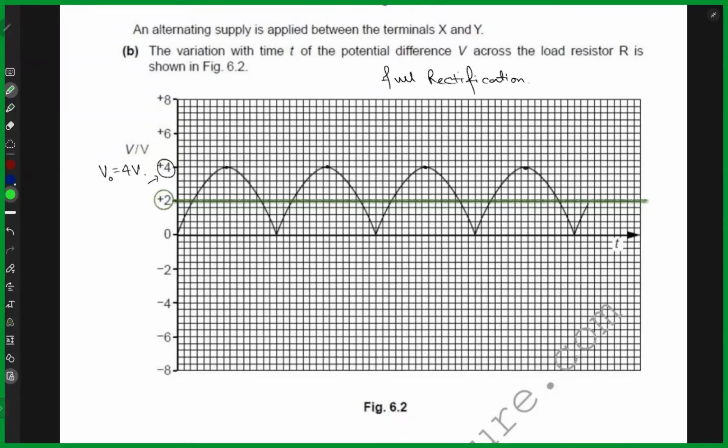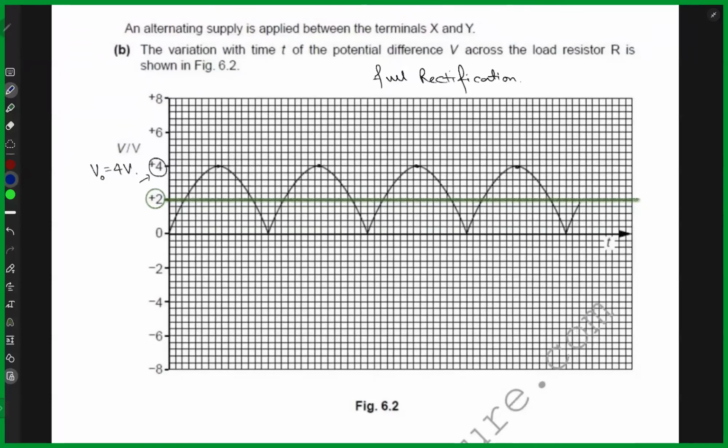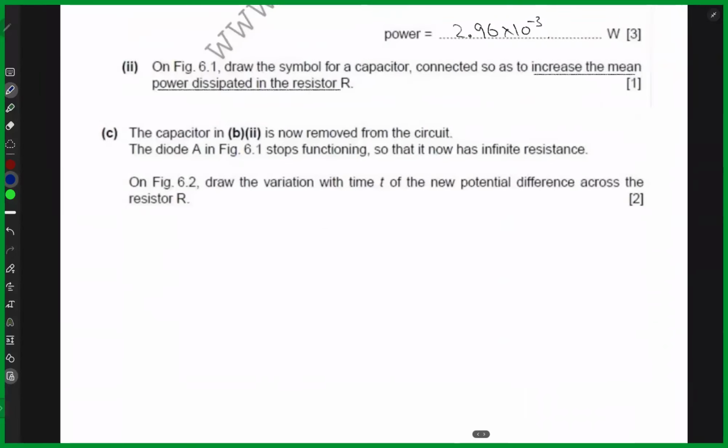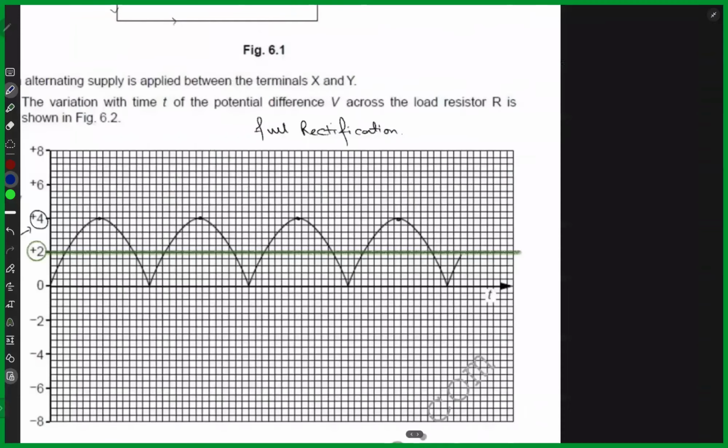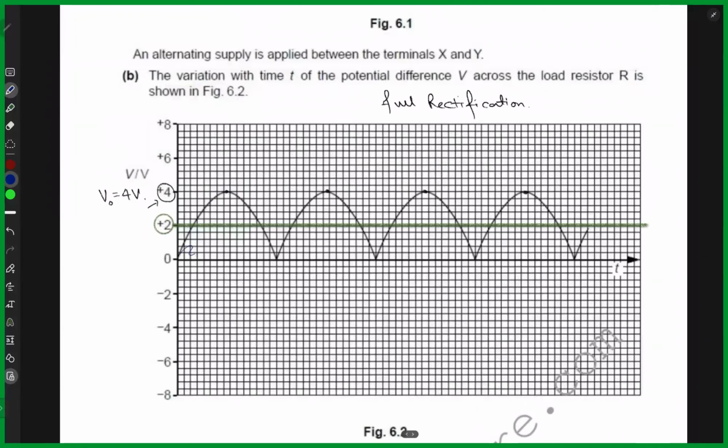So this is not asked, at least not in this part. Maybe in the next part they have asked for it, but we'll draw it. So let me use another color. What happens is your cycle follows the same path, but now because there is a capacitor, the voltage does not drop by a lot or does not drop to zero.